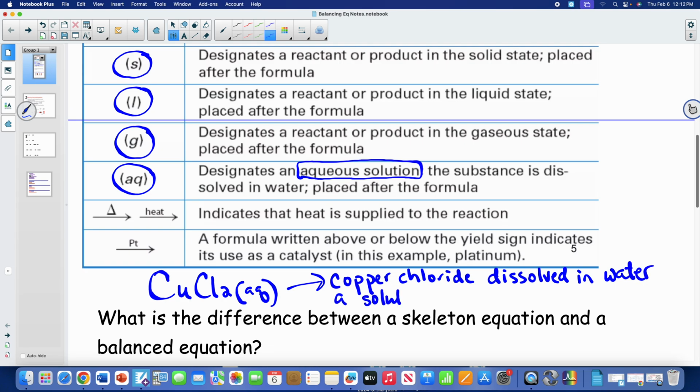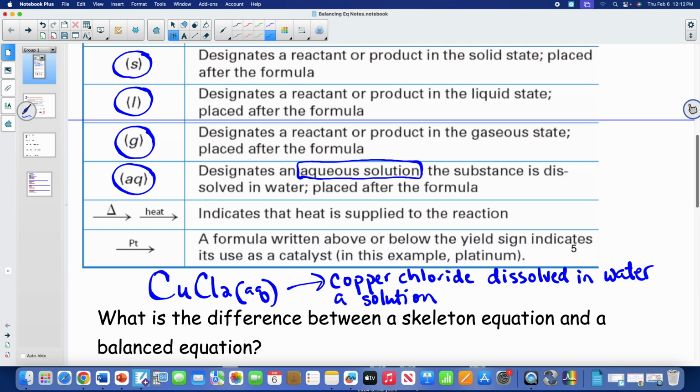Oh, okay. Yeah. So that copper chloride in its regular form is solid. Right? But a lot of our solids, especially ionic solids, in order to get them to react, they have to kind of be dissolved in water and broken up into their ions. It's different than something like H2O, where you would see the L next to it, right?